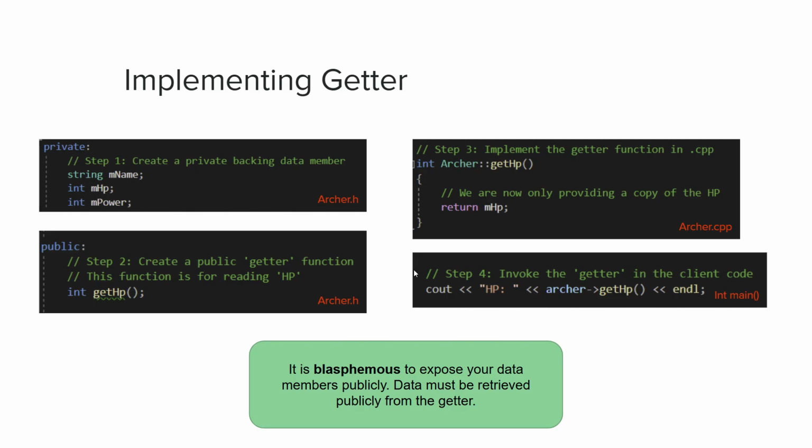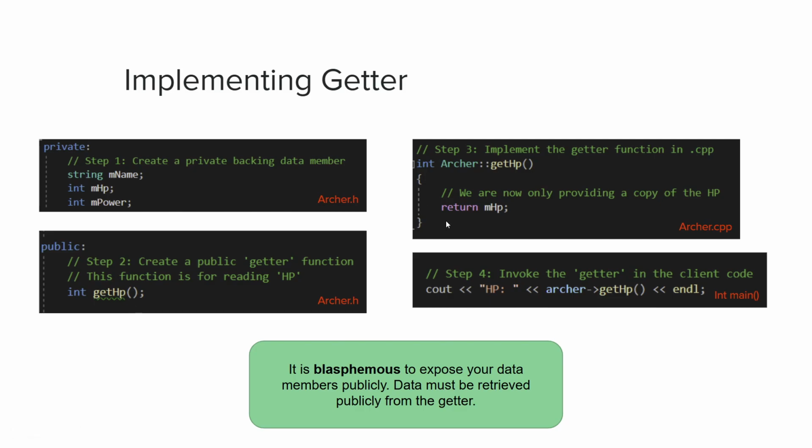There are two methods for this. One is called a getter. Just by the name, a getter is a method that just gets the variable that you want. We can put get as a prefix so that we know it's a getter kind of function, and then if you want, you can put the name as well.